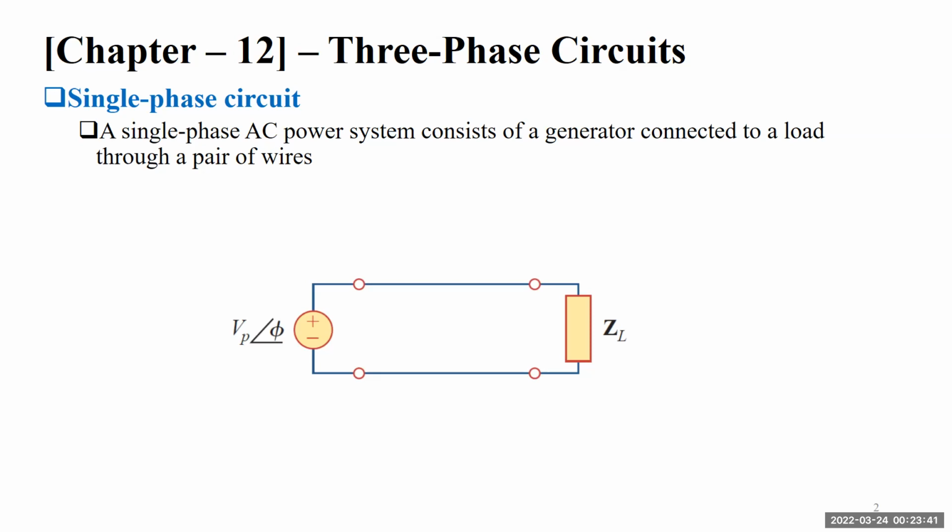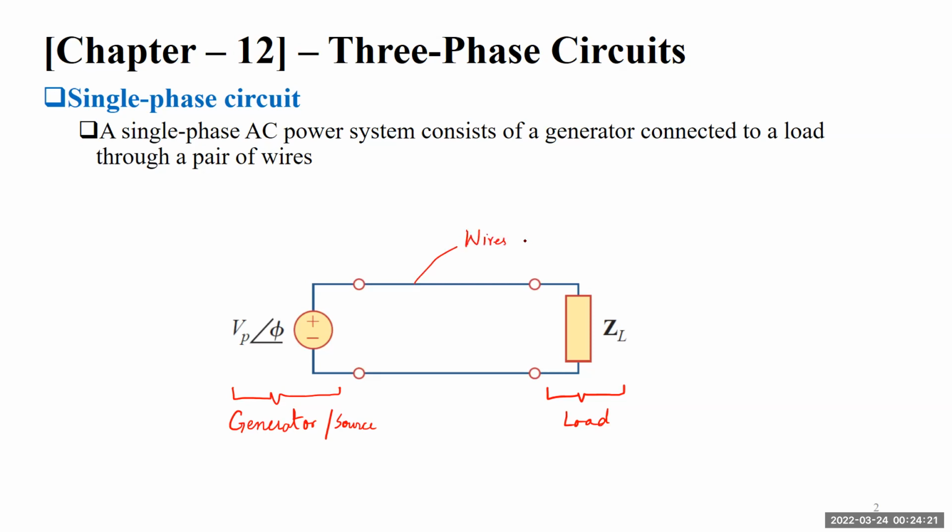A single-phase circuit, or a single-phase AC power system, consists of a generator connected to a load through a pair of wires. Below we have a diagram that shows this. We have this section as a single-phase generator or source that is connected to a ZL, or a load, via these wires.